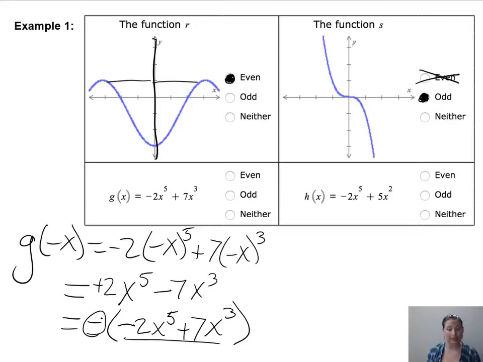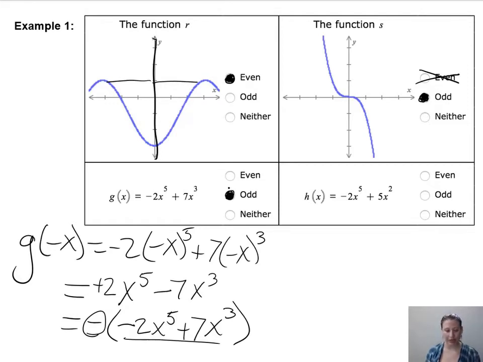This means that g of negative x equals negative g of x. This is proof that this is odd symmetry. So those exponents being odd do make it odd. But again, I would always check just to be sure. Okay, so g of x is odd.